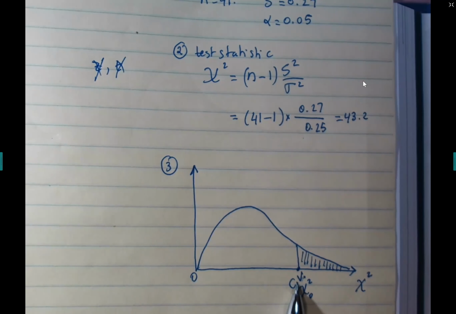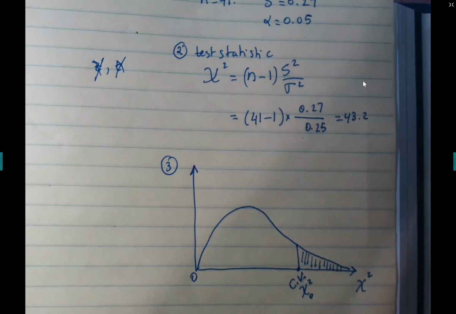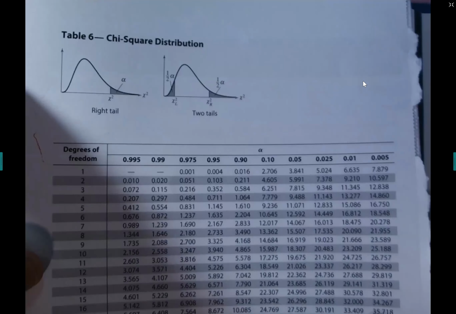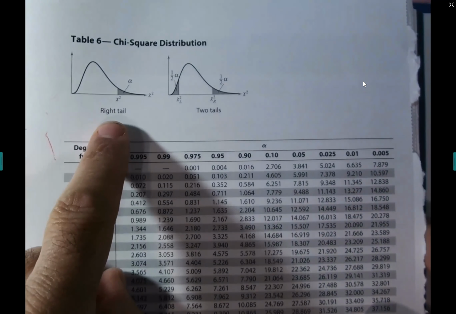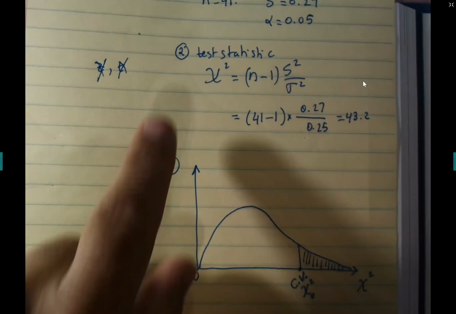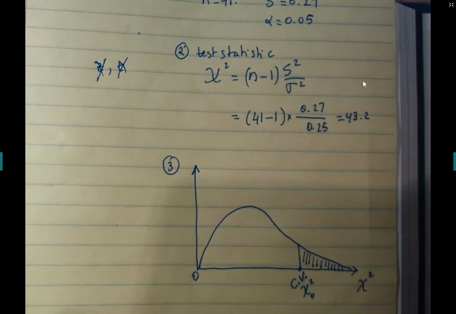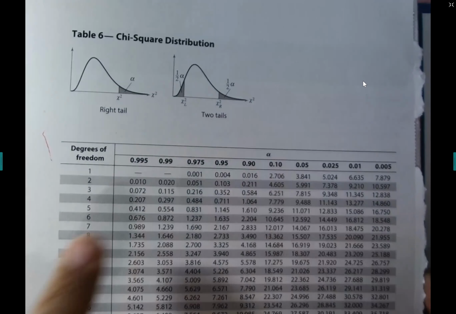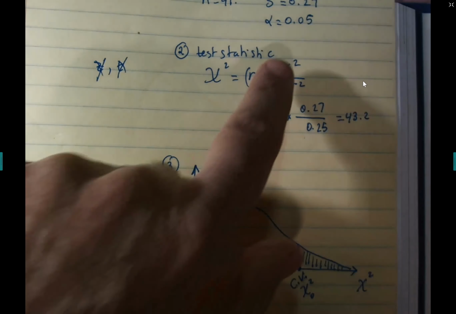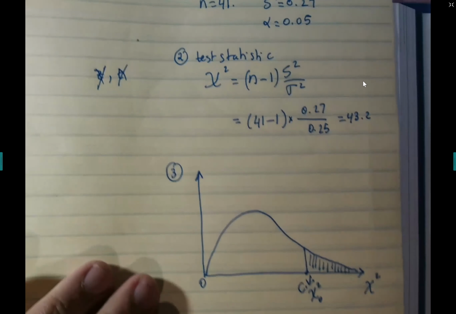Now, how to find this number, guys? It's very easy. We're going to use a table called table 6. It's called chi-square distribution, guys. And table 6 is designed to be a right tail table. And we have a right tail question, so it's perfect. It's just going to go along with us. All we need are alpha and the degrees of freedom. He says alpha is 0.05, guys.